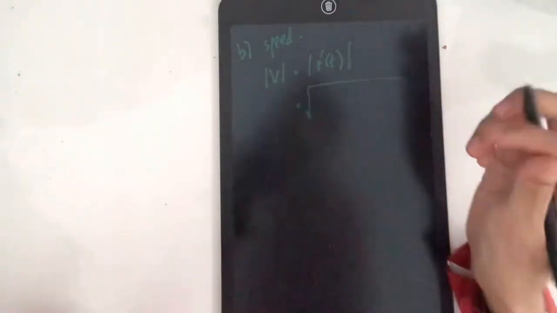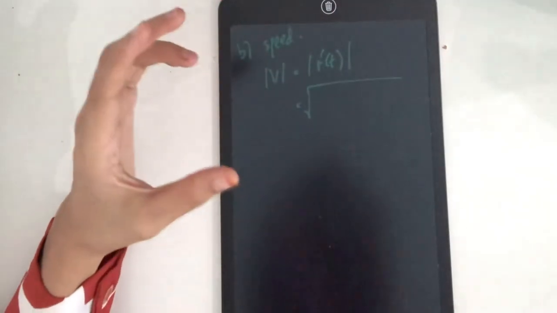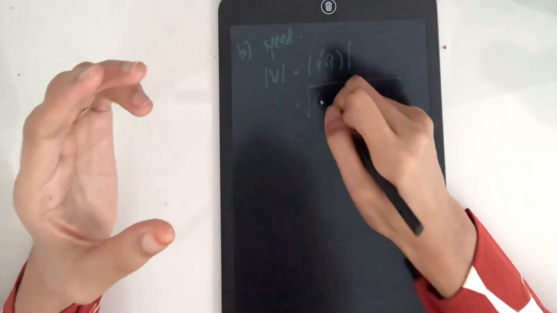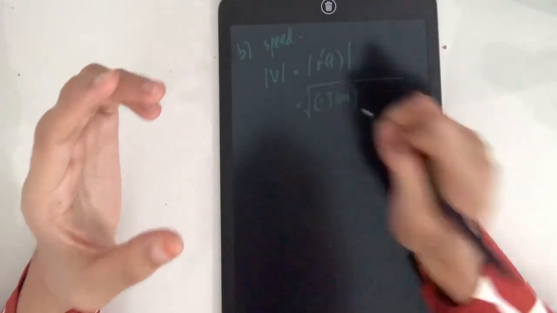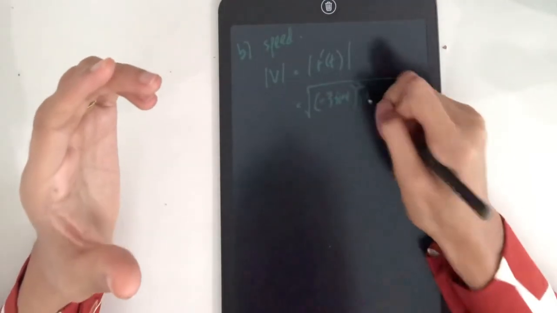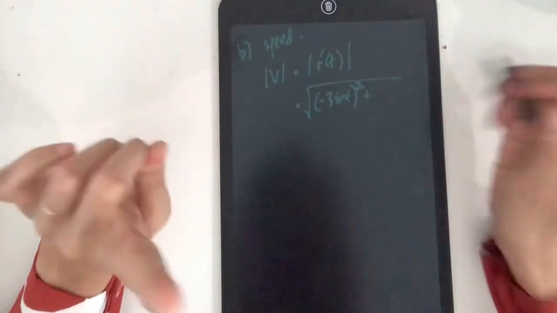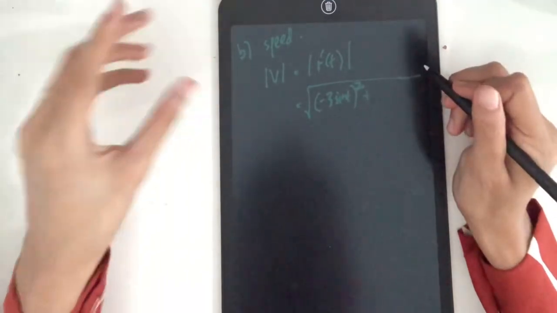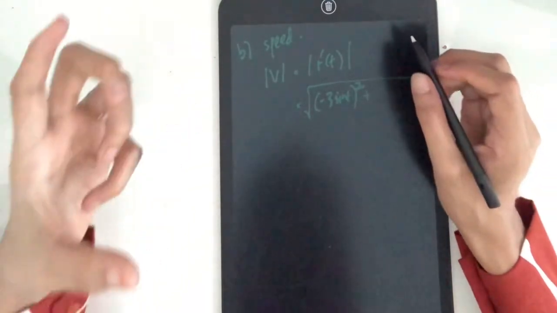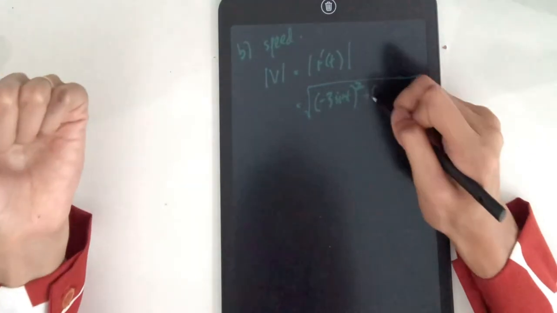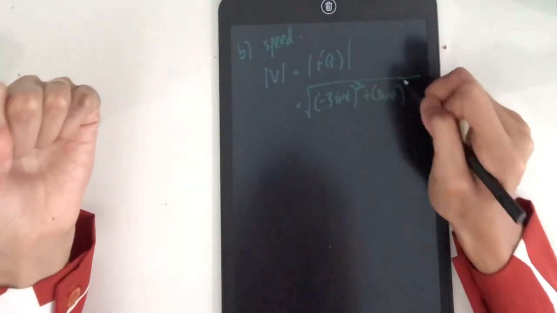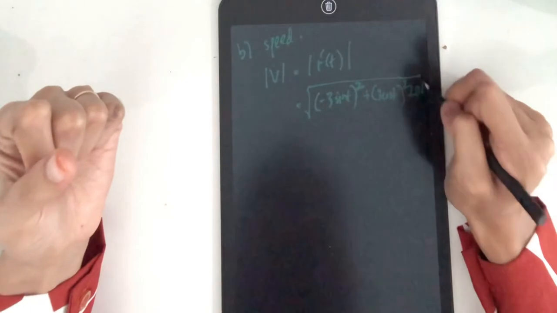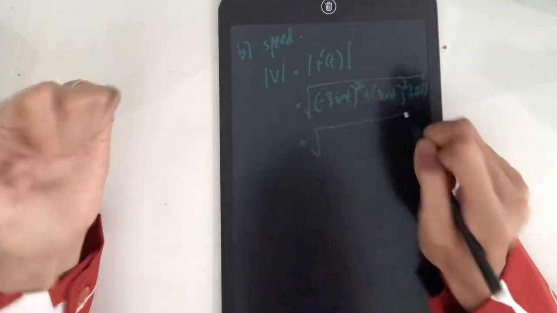So what we do is just take the r prime from just now. So negative 3 sin t squared plus, without i j k, make sure you don't take the i j k, just take the function. Negative 3 sin t squared plus 3 cos t squared plus 2t squared. So simple, just solve it.